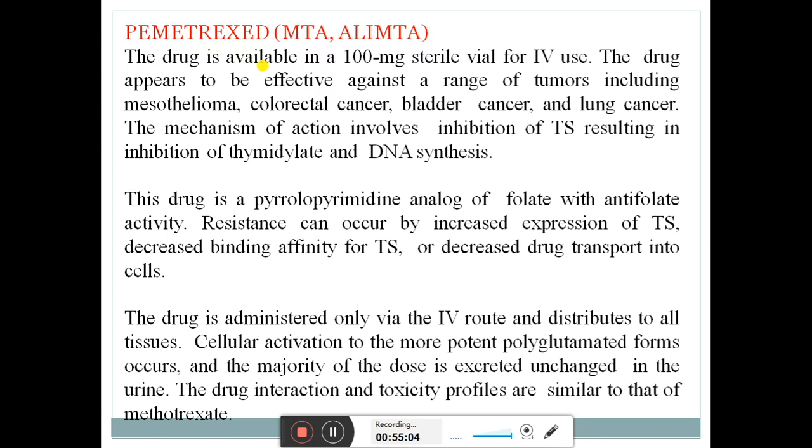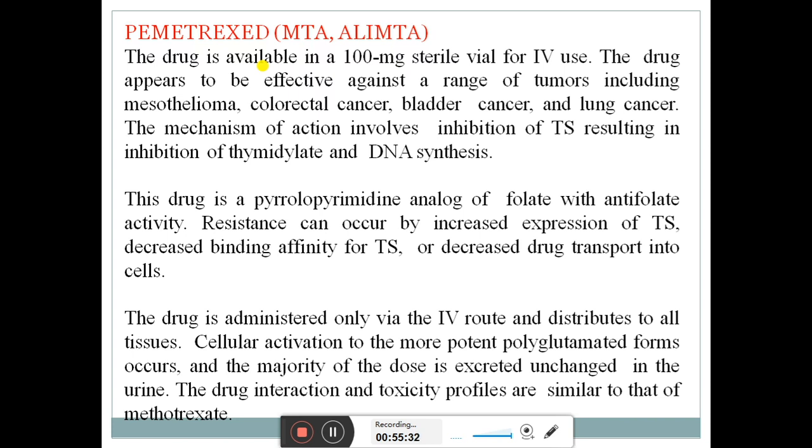This drug is a pyrrolopyrimidine analog of folate with antifolate activity. Resistance can occur by increased expression of thymidylate synthetase, decreased binding affinity for thymidylate synthetase, or decreased drug transport into the cell.